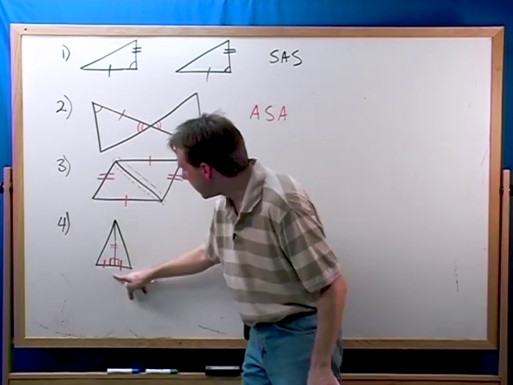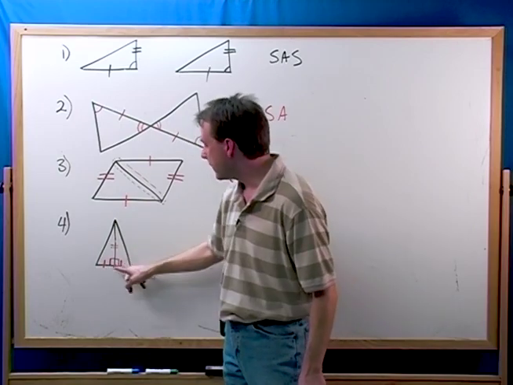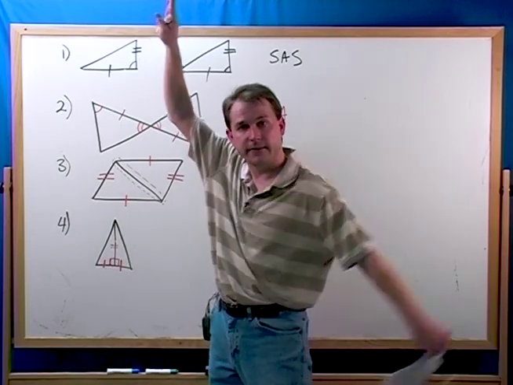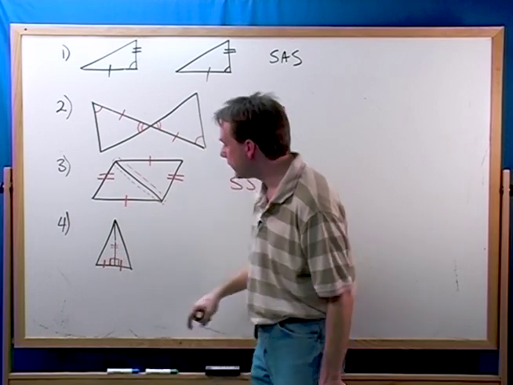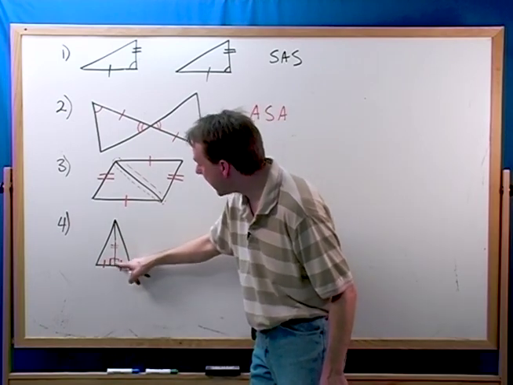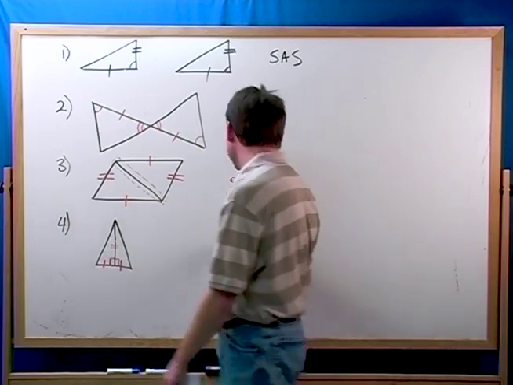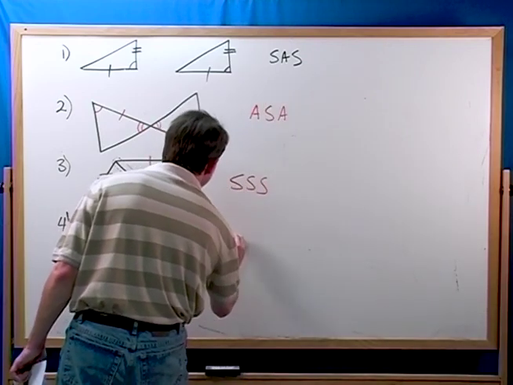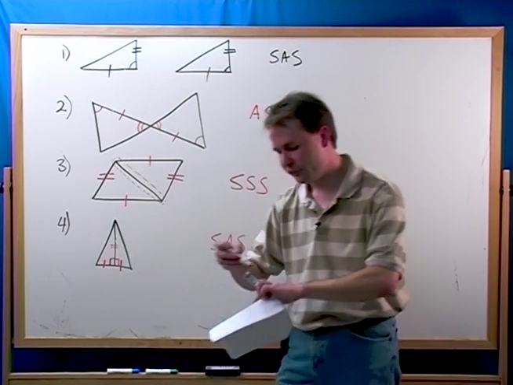So anytime you have a straight line, there's 180 degrees there, 90 degrees taken up right here, and then this is the other 90 degrees. So side, angle, side. What you would use would be the side, angle, side postulate to show that.